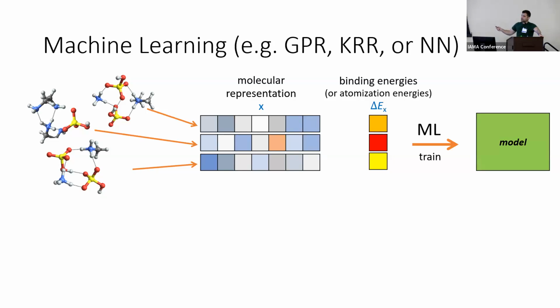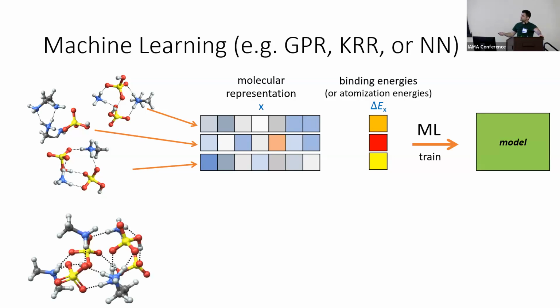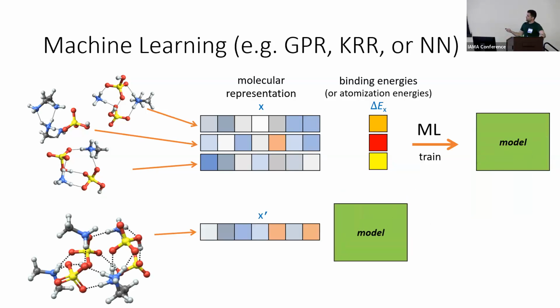Then when we have it, we basically have the potential and the understanding of the atomic potentials. So we can take a different molecular cluster, take the representation, use the model, and basically get the energy for almost free. Not the 30 hours of this calculation, but several seconds.